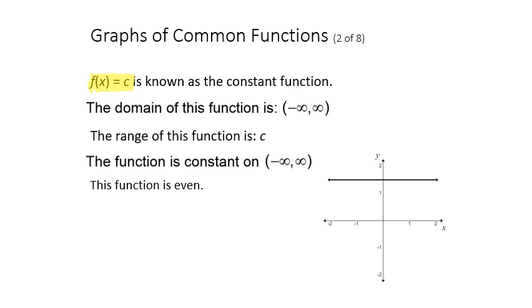Now, the shape of all of those graphs is the same. It's a horizontal line, right? They're all going to be some version of a horizontal line. It might be down, might be up, but it's always a horizontal line.